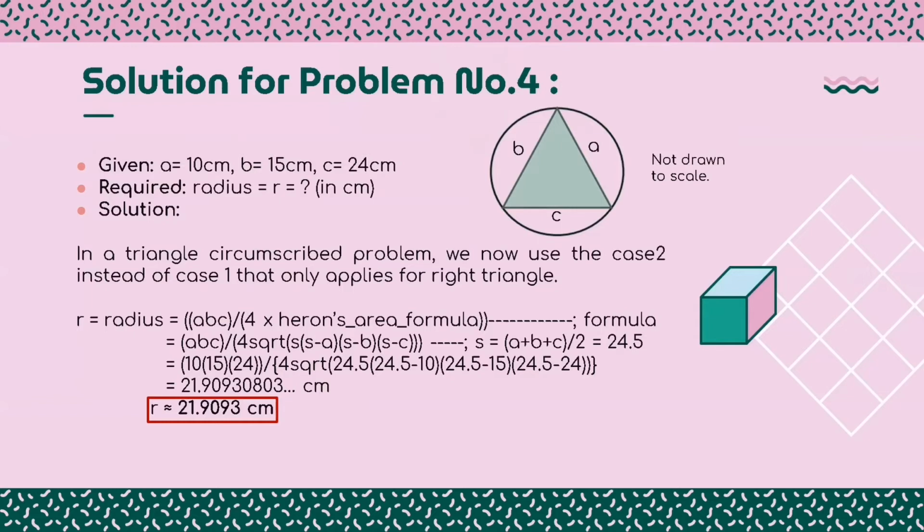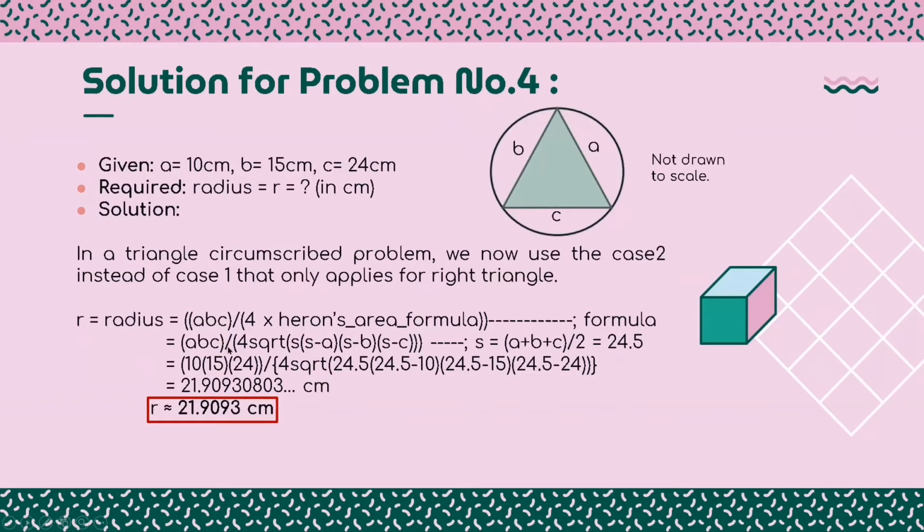But before that, we must first determine the value of S. To determine the value of S, we divide the sum of a, b, c by 2. So a is equal to 10, b is equal to 15, and c is equal to 24. So 49 divided by 2 is equal to 24.5.